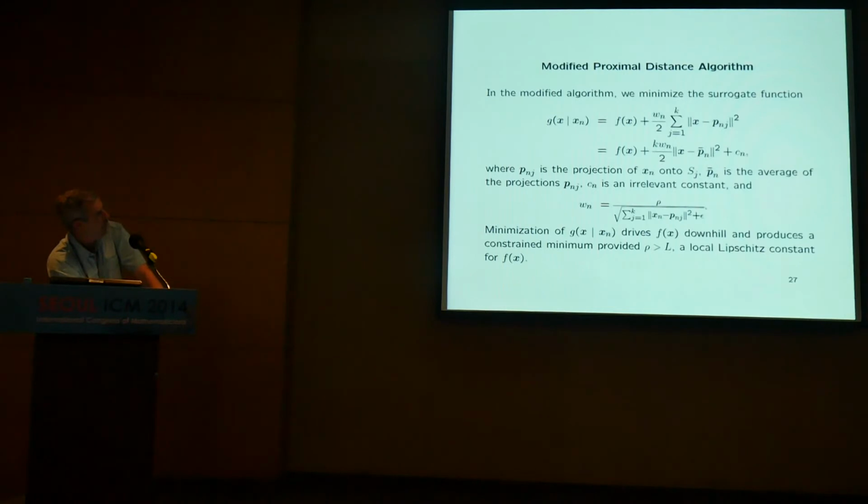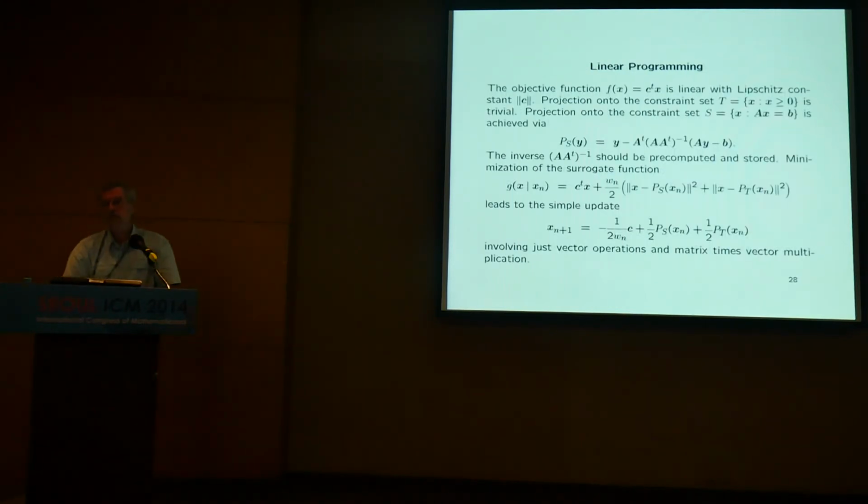You can summarize that as a spherical deviation from the average projection. Cn here is an irrelevant constant. So if you minimize this function, then you drive f of x downhill, as long as your constant rho is above the Lipschitz constant, or a local Lipschitz constant, for f of x.